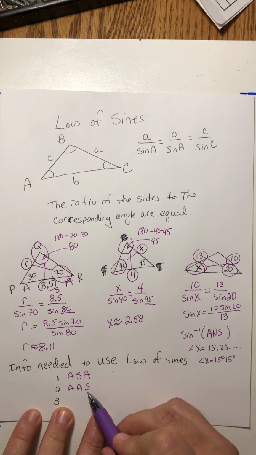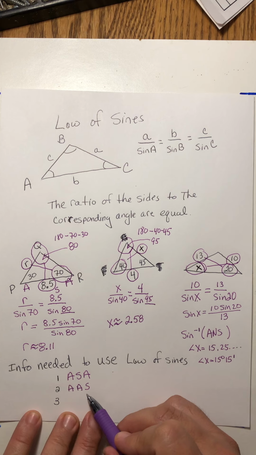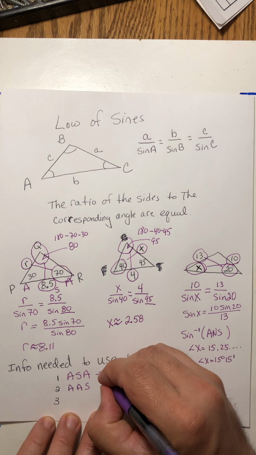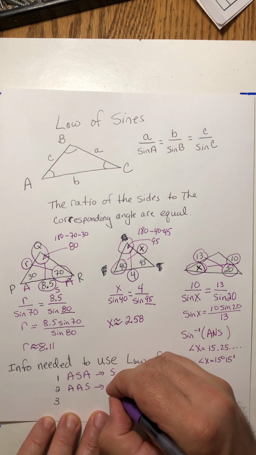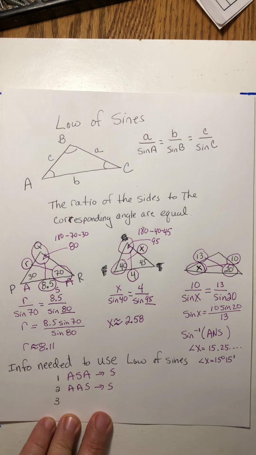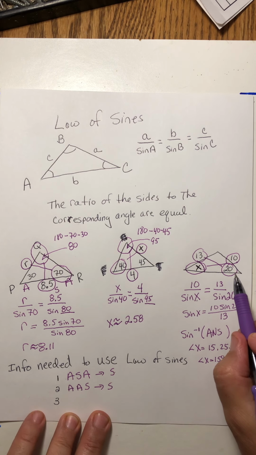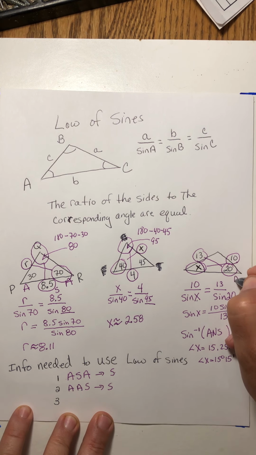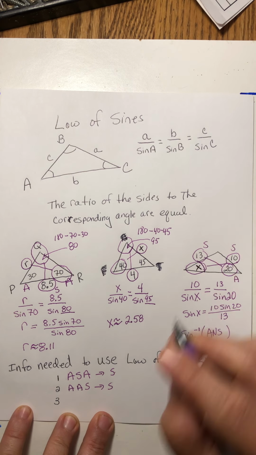Yes, I know, that was from your geometry days. So what this is telling us, as long as I know two angles, I know the third angle because all the angles of a triangle add up to 180 degrees. And that's going to find us a side. In this triangle over here, we're actually looking at angle, side, side.